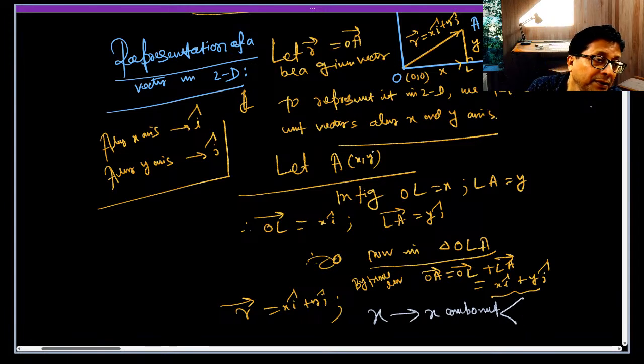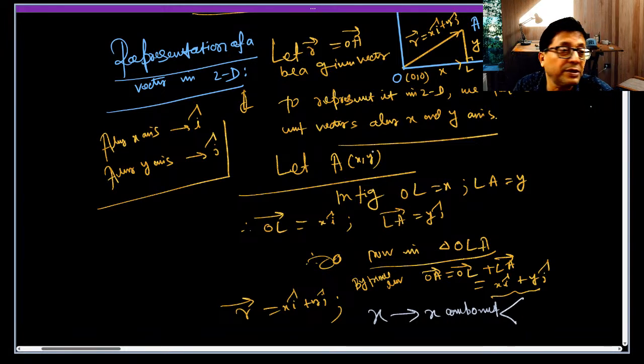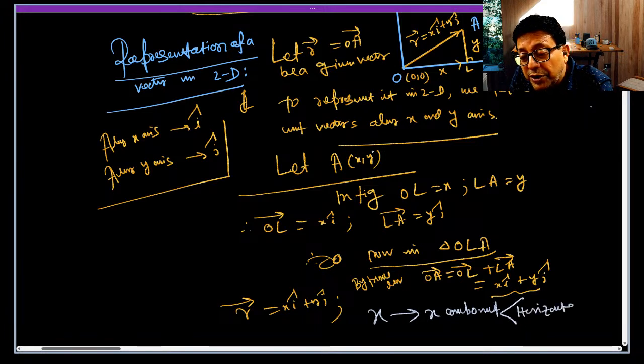The effective part of the vector along the x axis is the x component. Or we can refer to this as the horizontal component. Clear? You can state this also.